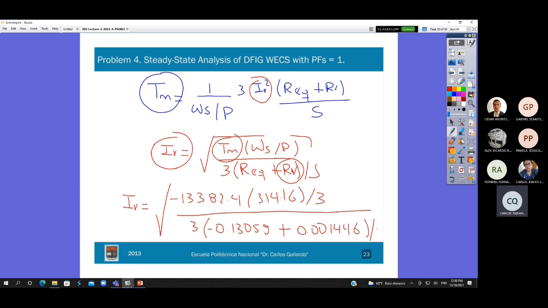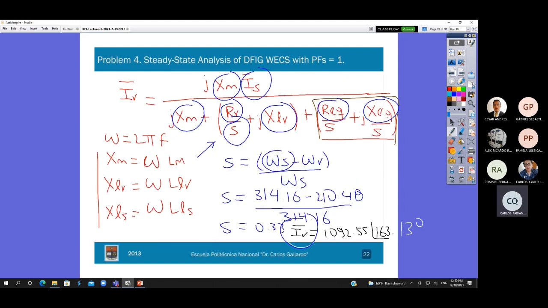We have already computed that the slip is 0.33. So computing this value, I will get the same value, 1092.55 amps.